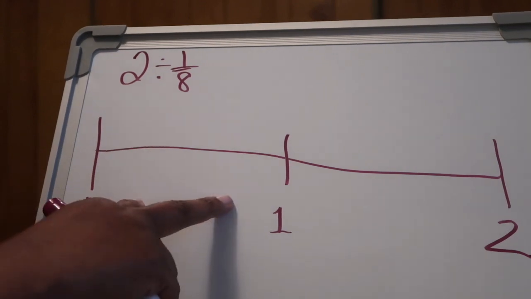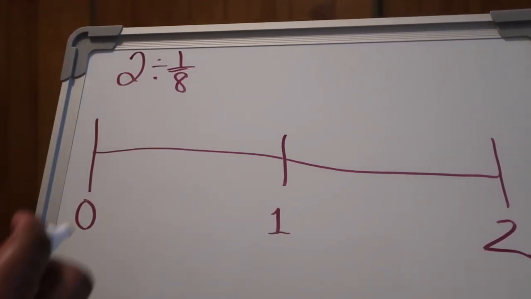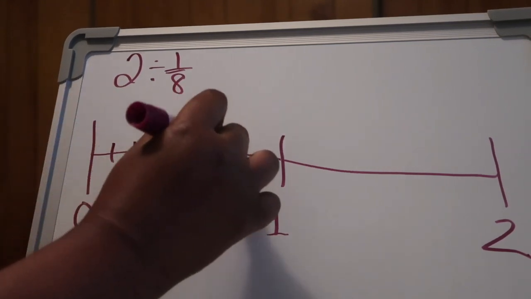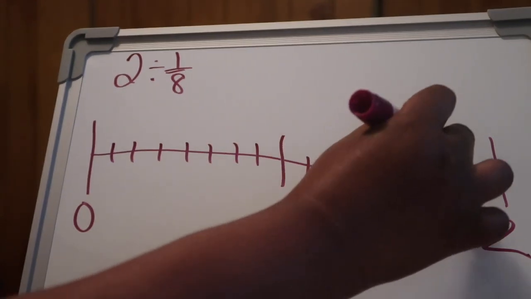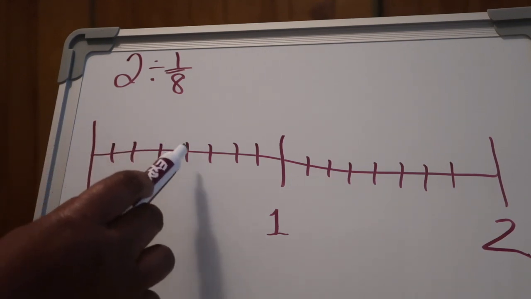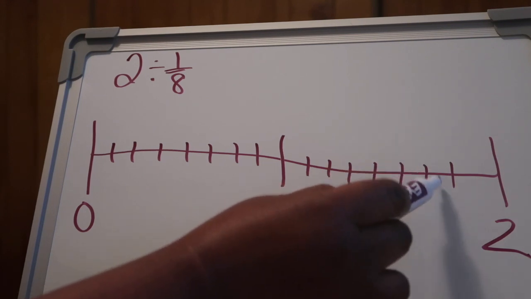Now I'm going to divide each section into eighths because that's our denominator. So I'm going to break it up. I'm going to check it, make sure I have 8. 1, 2, 3, 4, 5, 6, 7, 8. 1, 2, 3, 4, 5, 6, 7, 8.